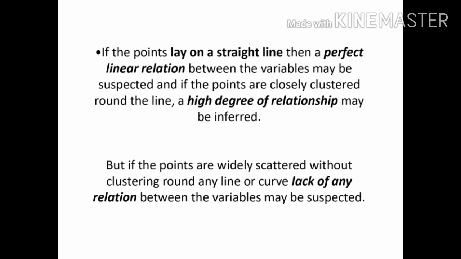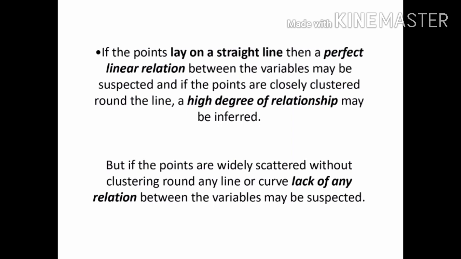If the points lie on a straight line, then a perfect linear relationship between the variables may be suspected, and if the points are closely clustered around the line, a high degree of relationship may be inferred. But if the points are widely scattered without clustering around any line or curve, a lack of any relation between the variables may be suspected.